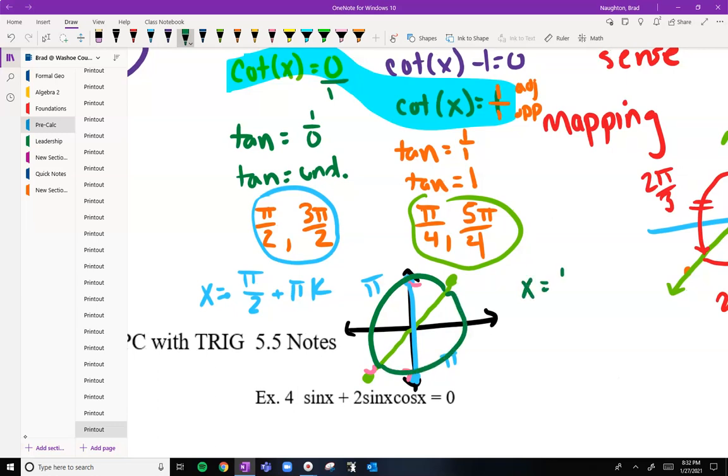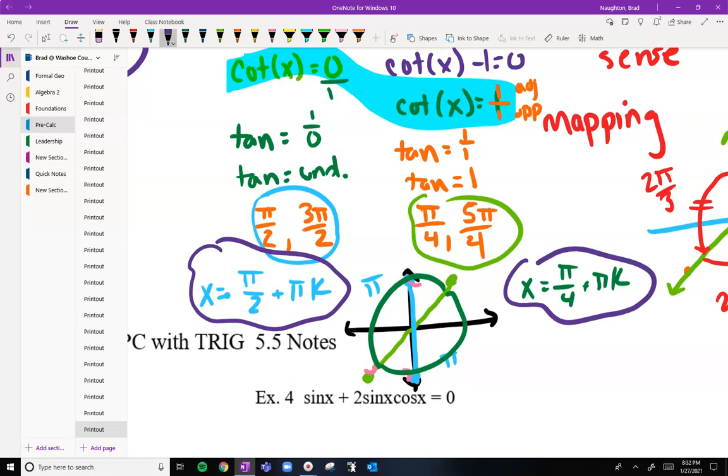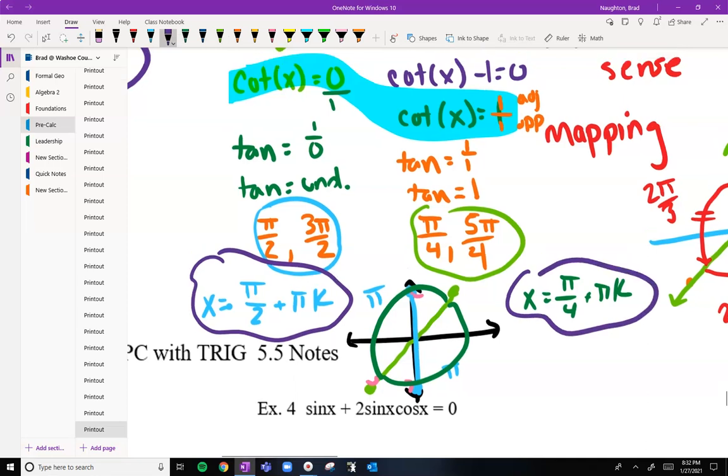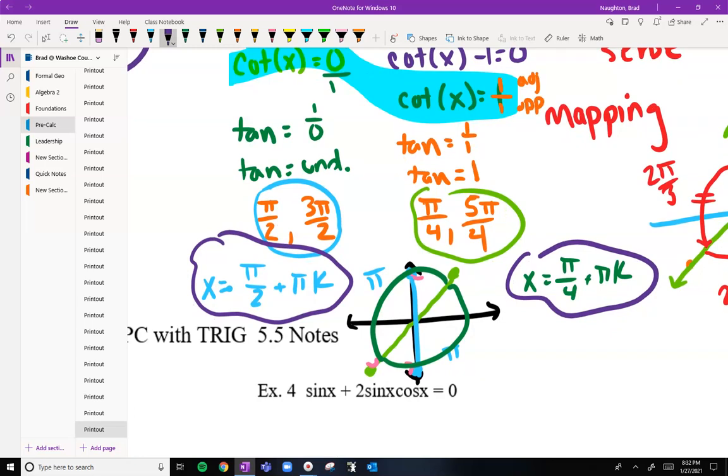So x is going to be pi over 4 plus pi k. Now, if you're using pi n, totally cool, because that was how our Math Excel kind of went down. But those are our 2 all solutions. And if they want all of our 0 to 2 pi solutions, that's going to be these ones. So just be careful, look at which ones they're asking for, and you're going to be good to go.